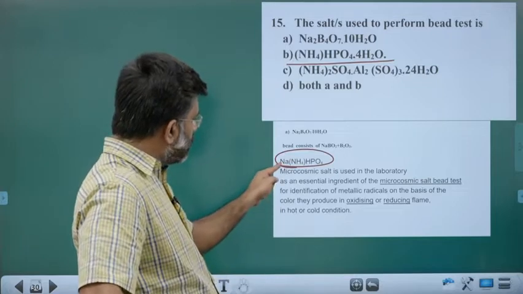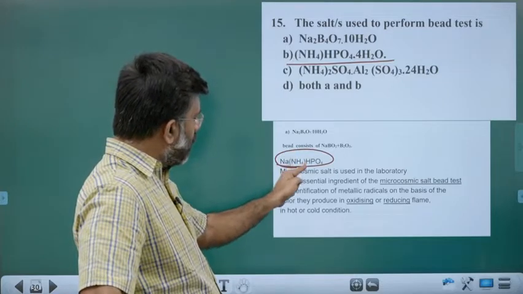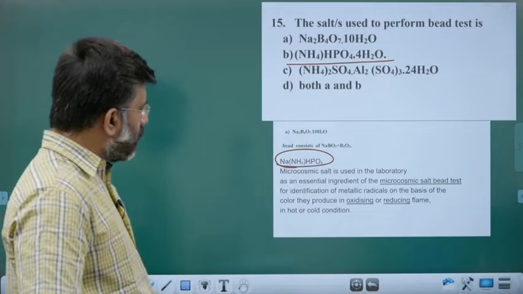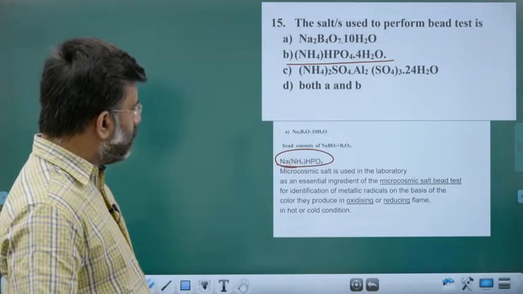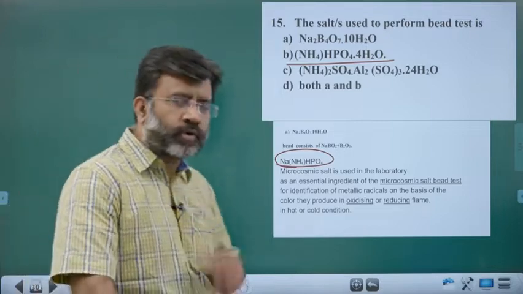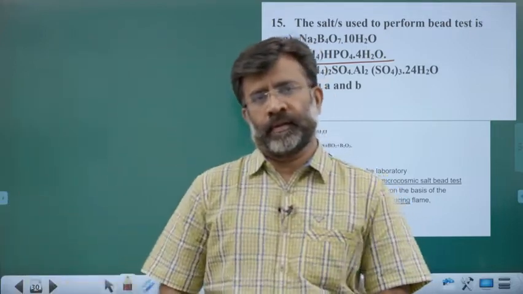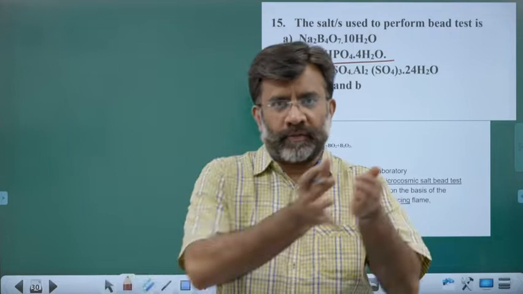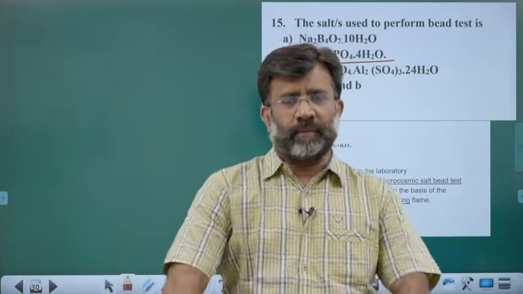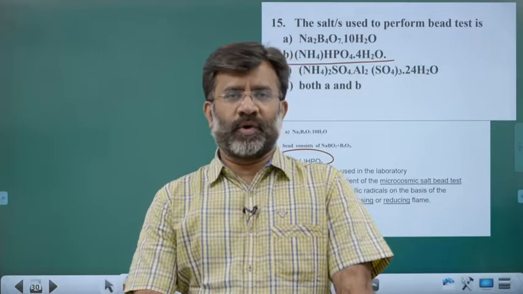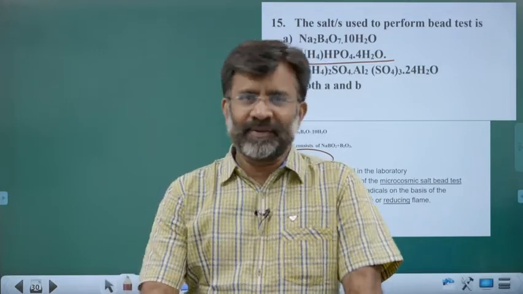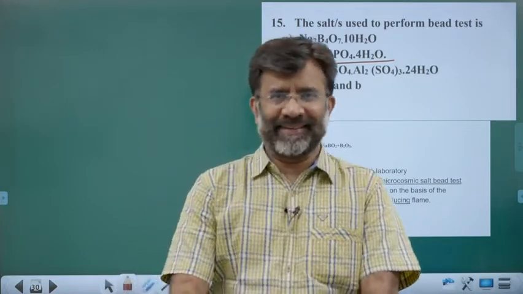Microcosmic salt is an essential ingredient used in the bead test. That also can give you a bead test. So instead of borax, you can have a substituting component, the very famous microcosmic salt, sodium ammonium hydrogen phosphate. Okay. Next.